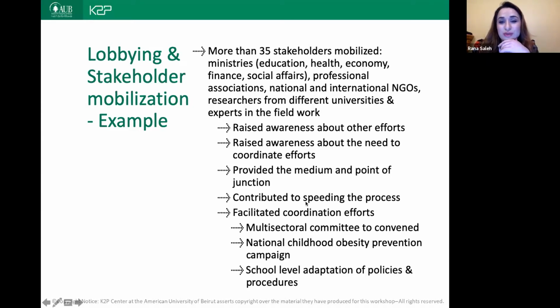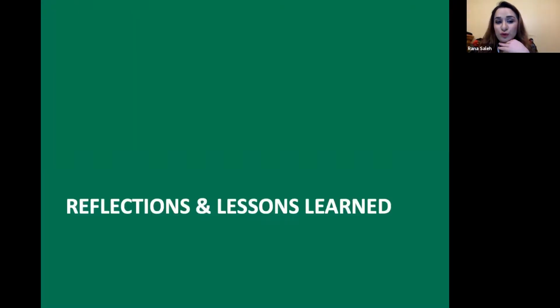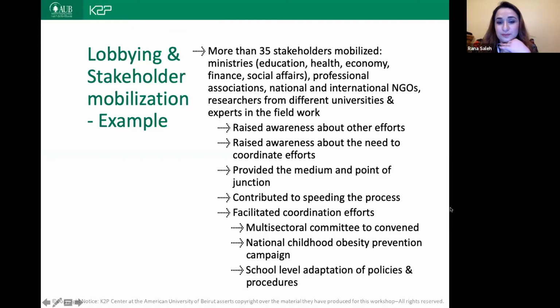It contributed to the speeding of the process, and as an outcome, this facilitated the development of a multi-sectoral committee at the level of the ministries that were involved in order to push forward this agenda. And there were national childhood obesity prevention campaigns, and some school-level adaptation of the policies and procedures.